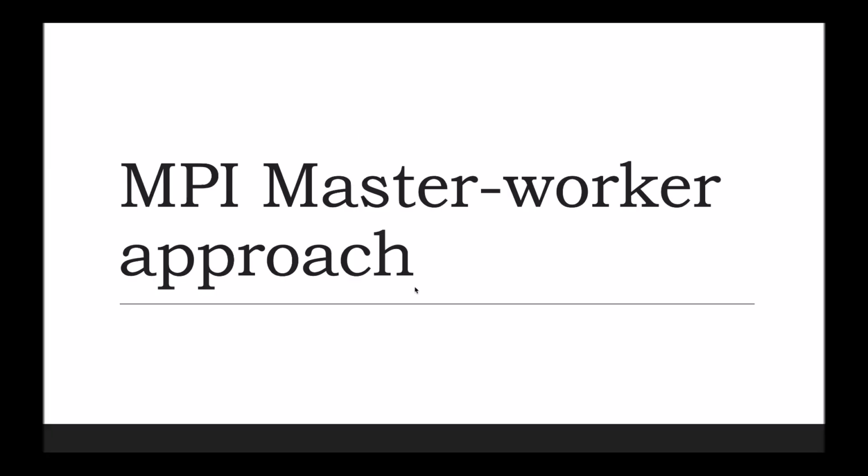The MPI master-worker approach, or sometimes called master-slave approach, is the most used in parallel algorithms. It's like in an office: a boss knows all the things that need to be done, and the workers, in that case the employees, are the people who really do the work.